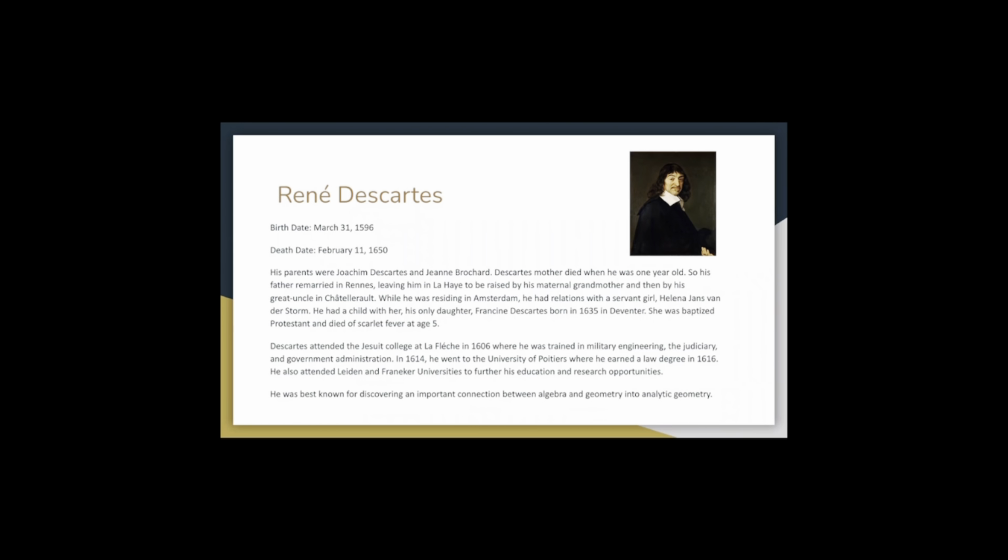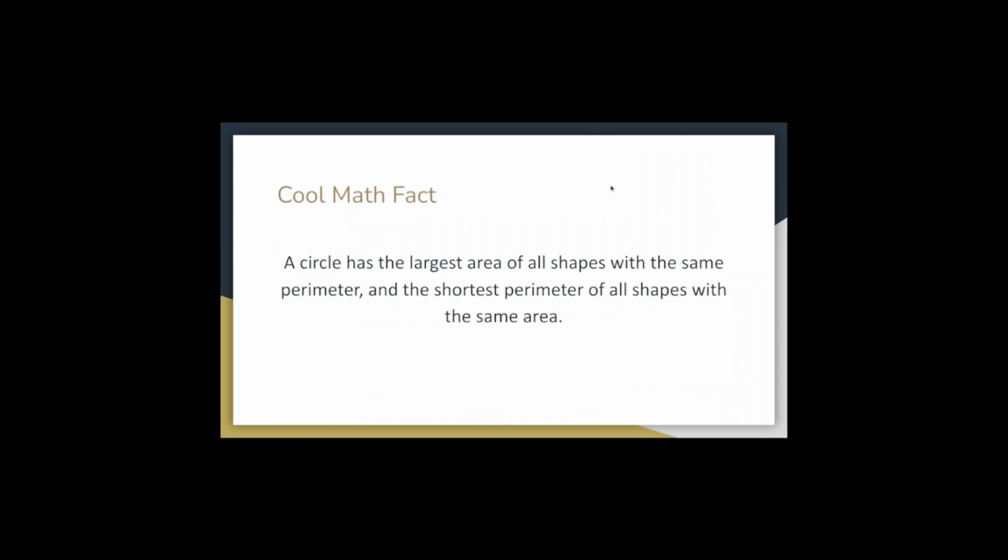In 1614, he went to the University of Poitiers, where he earned a law degree in 1616. He also attended Leiden and Franeker universities to further his education and research opportunities. He was best known for discovering an important connection between algebra and geometry and into analytic geometry.